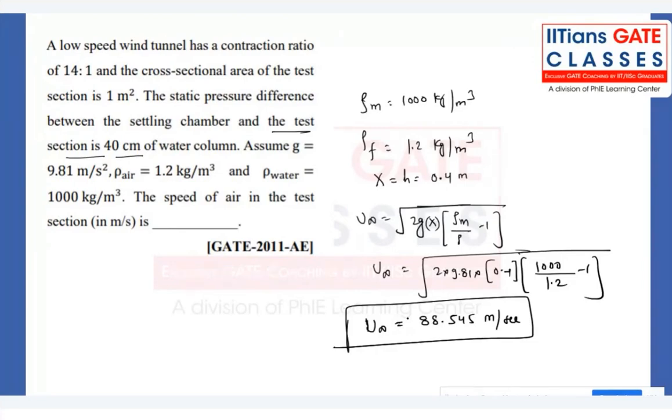Now let me calculate. 80.82, correct, 80.82. That is correct. This is point 4.